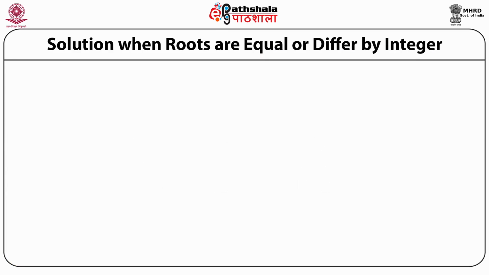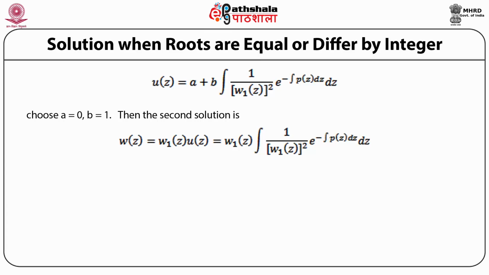If we integrate the obtained solution again, we have u(z) = a + b ∫ 1/w1(z)² · e^(−∫p(z) dz). Since we are interested in the second linearly independent solution only, we choose a = 0 and b = 1.